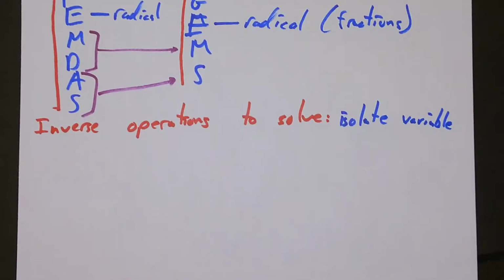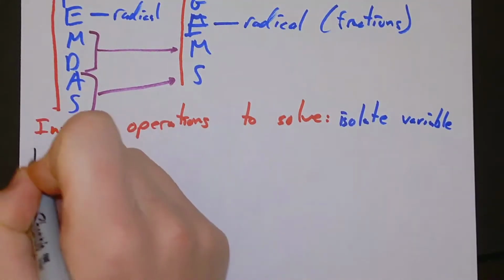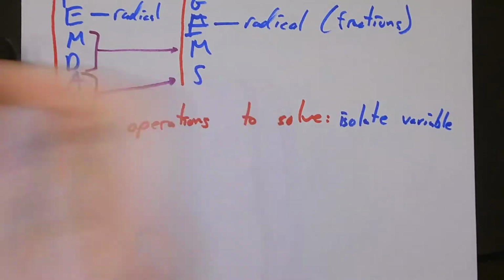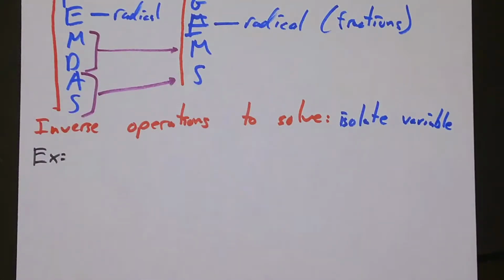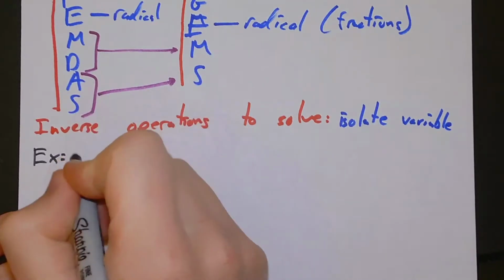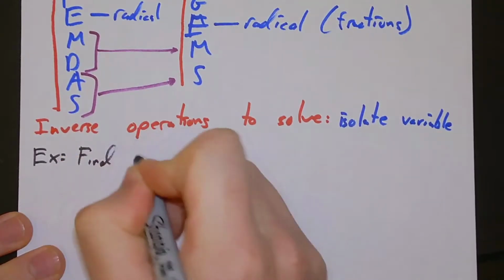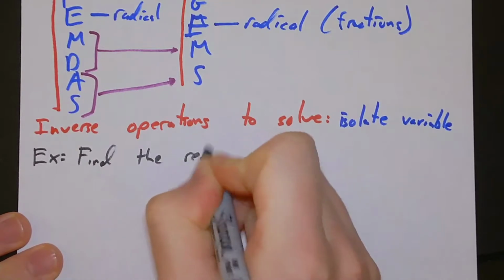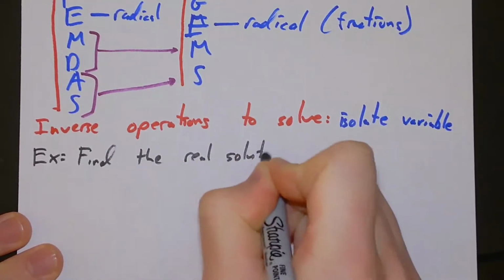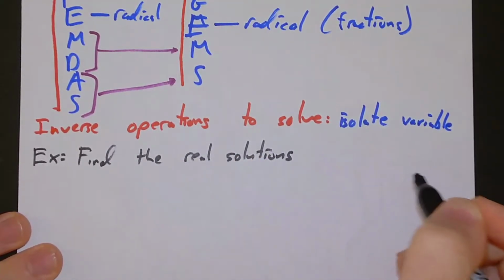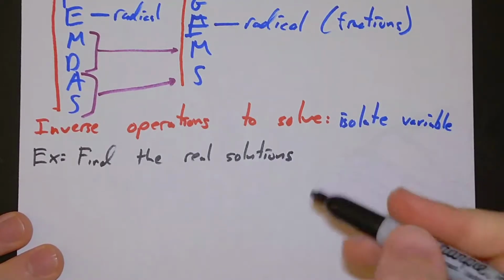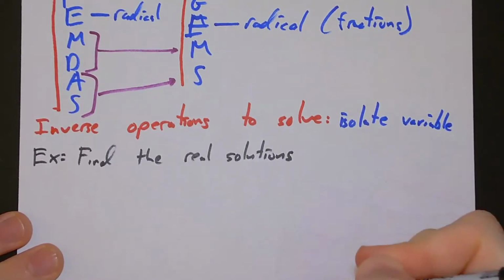So, for example, what is this going to look like? I'm going to write the problem out in its entirety for this one and then not for the other ones, right?